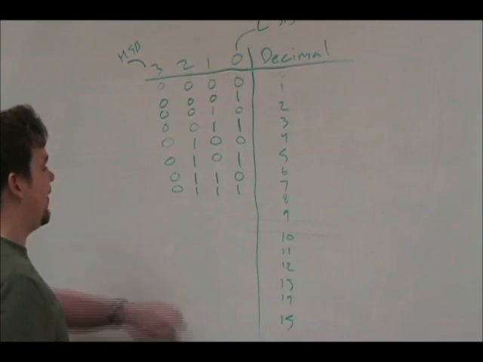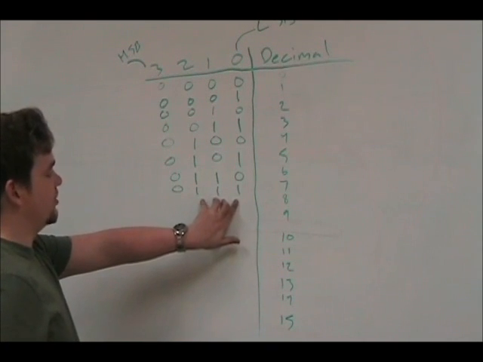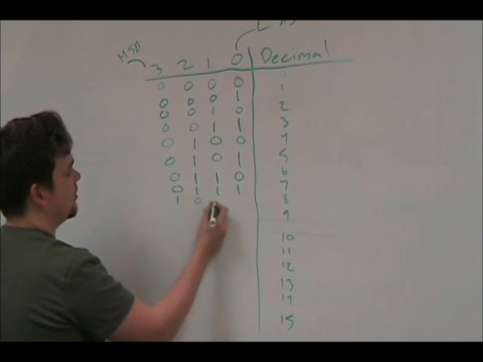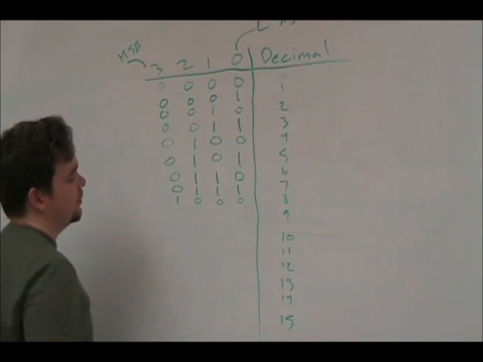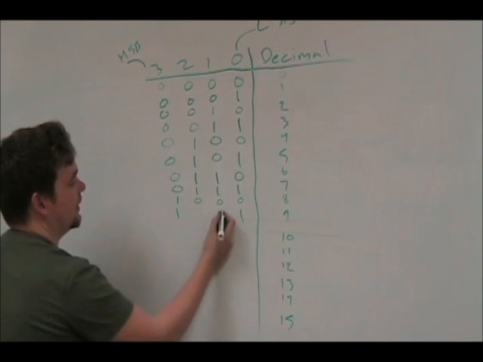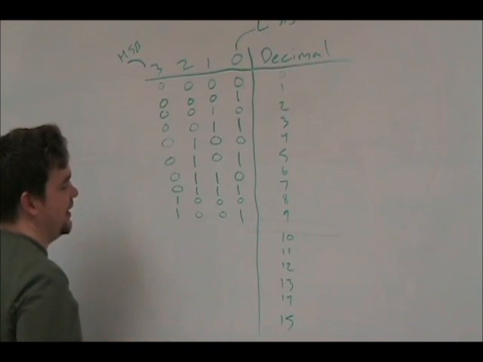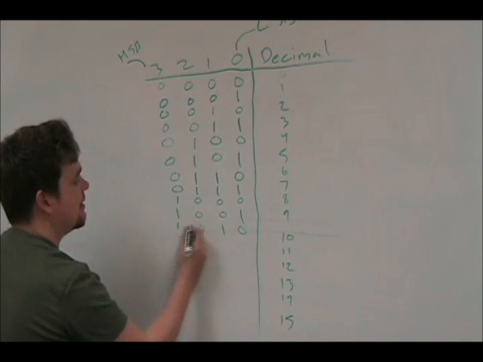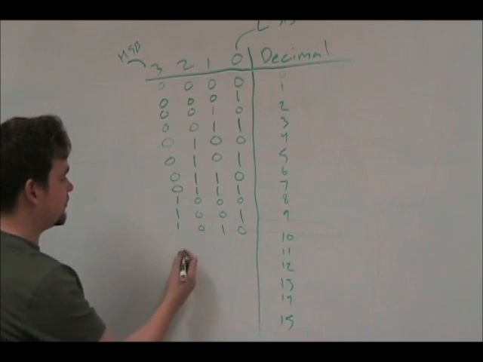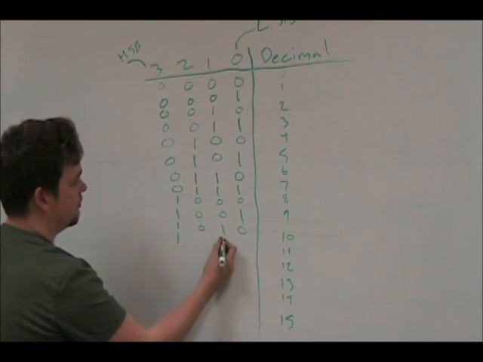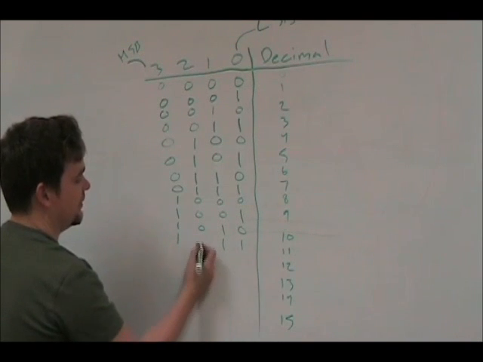Now when we get to 8, we cancel all 3 of those numbers out, so we get 1 here and 0, 0, 0. We want 9, 8 plus 1 equals 9. When we want 10, 8 plus 2 equals 10. When we want 11, 8 plus 2 plus 1 equals 11.